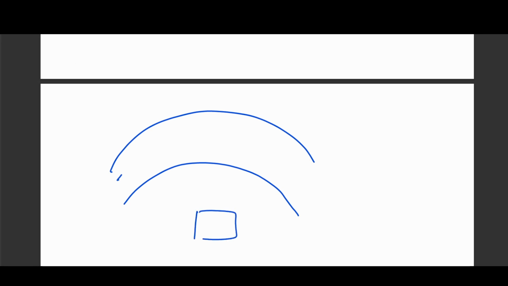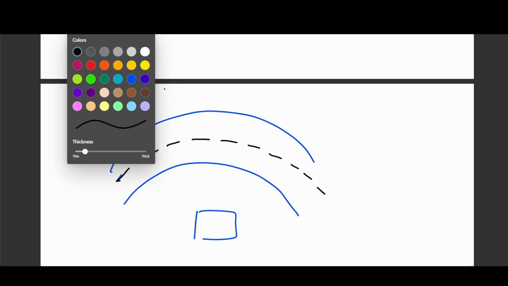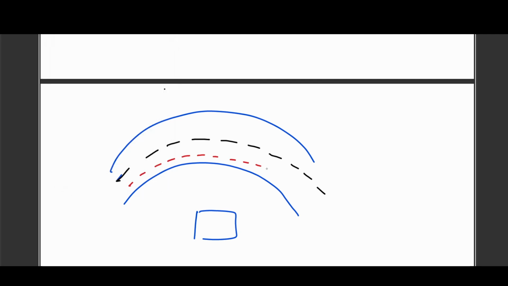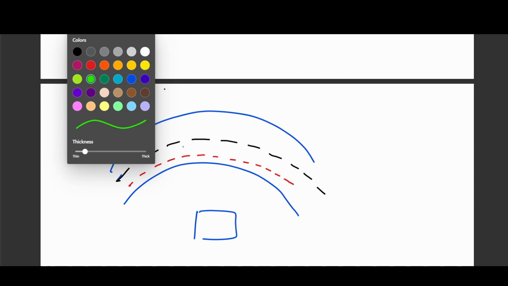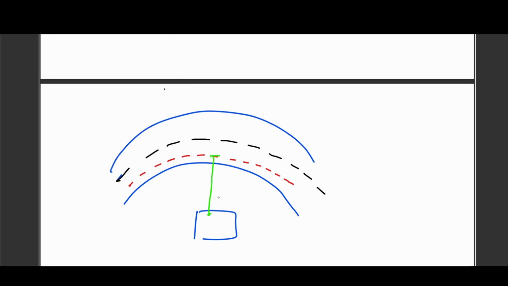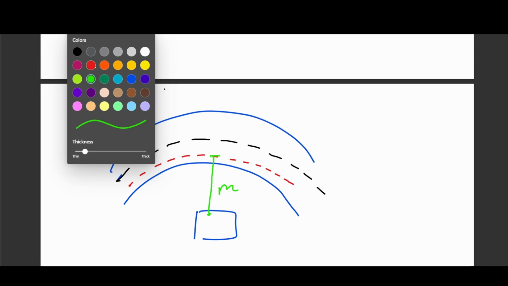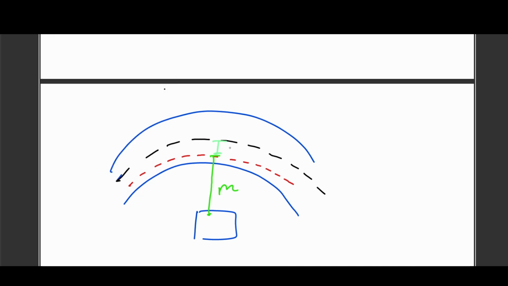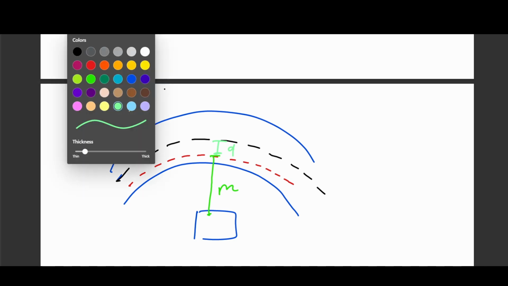Let me draw the center line in black. This is the central line of the road, and this is the center line of the inner lane. This is the distance m for the critical case, and I assume this distance to be d.